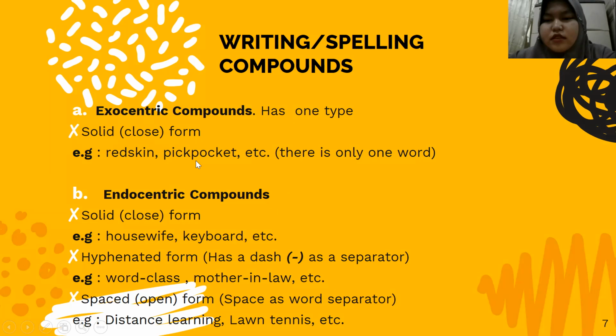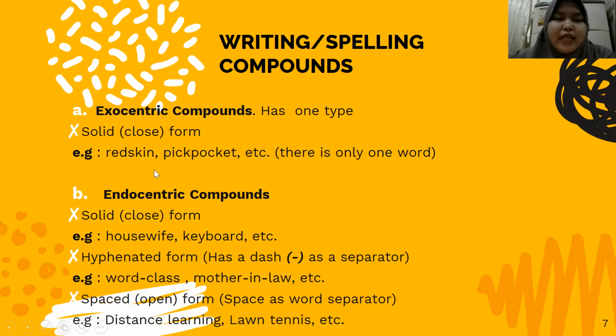Solid means closed, so we don't need a dash or space for this one. For example, here is redskins, pickpocket, and etc. There is only one word, redskins, pickpocket. We don't need space or even a dash. This is from exocentric compounds, which has lexical meaning.